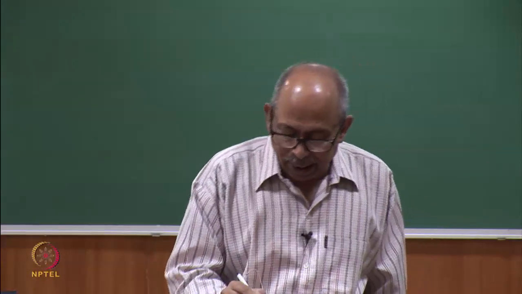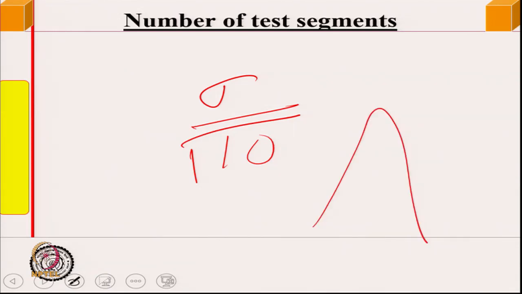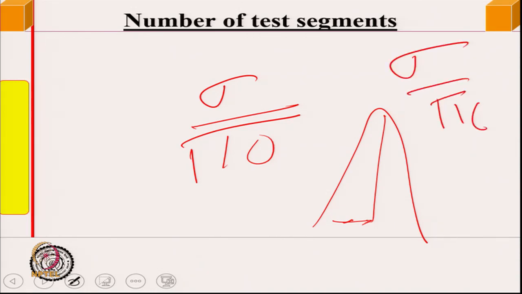Supposing I test 10 of them, then my standard deviation would be sigma under root 10. It means that I will be closer to this. Now, if I test 16 of them, I will be still closer to them.